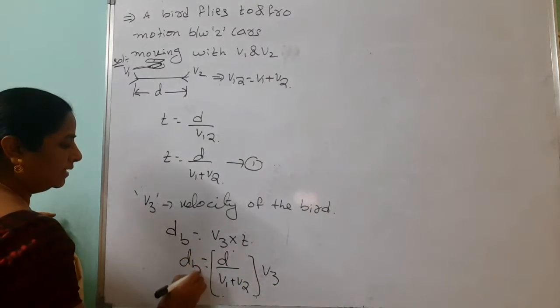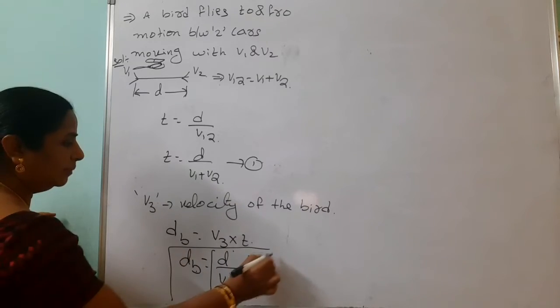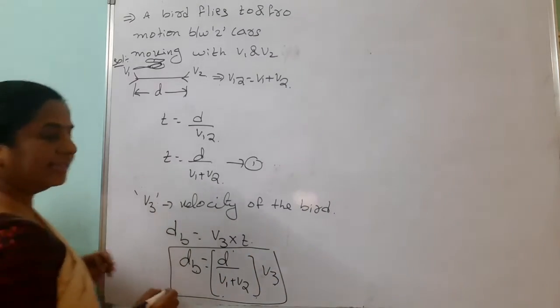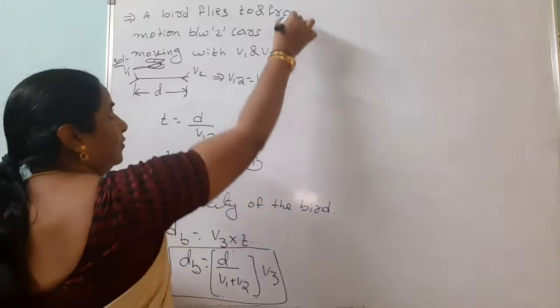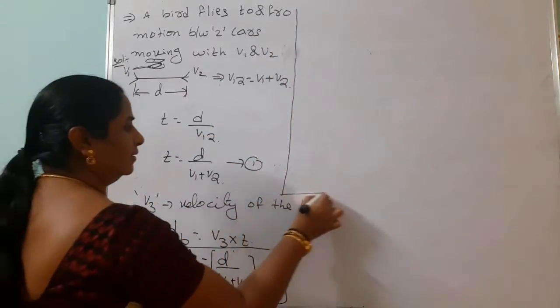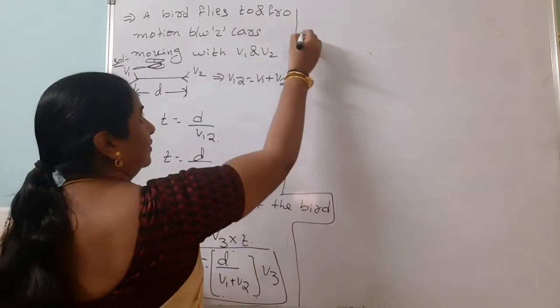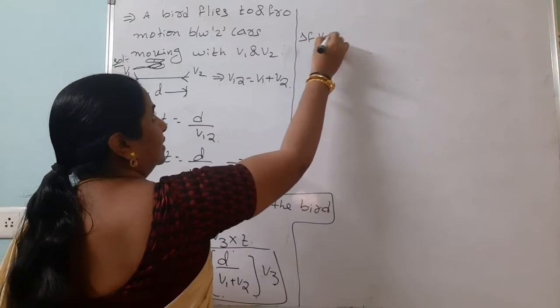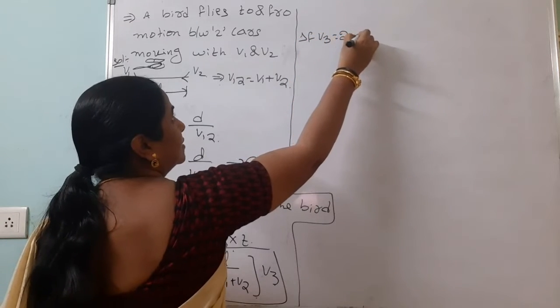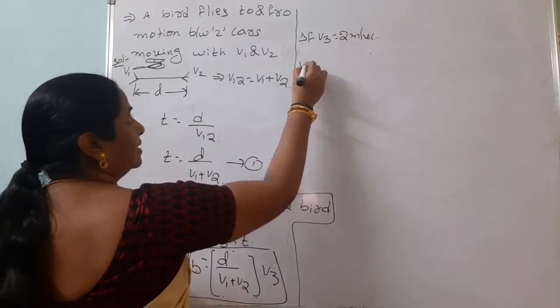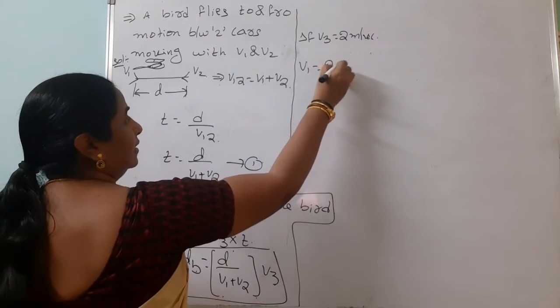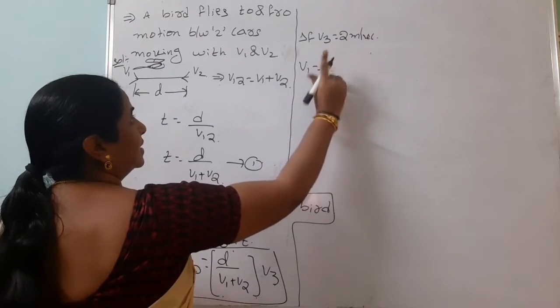This is the distance covered by the bird between the two cars, and it has a to and fro motion. We do one problem based on this. Look here. If the velocity of the bird is 2 meters per second, the velocity of the first car is 100 meters per second.